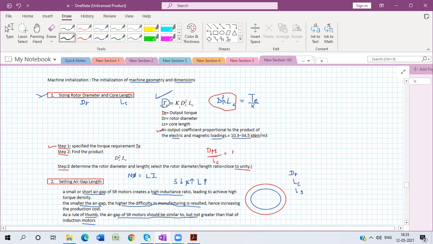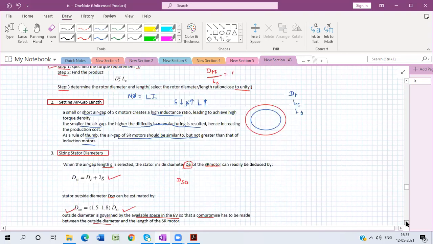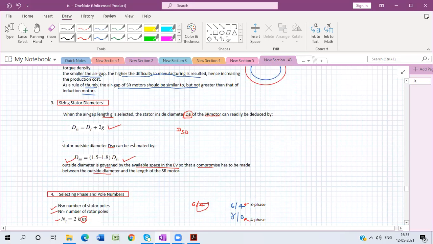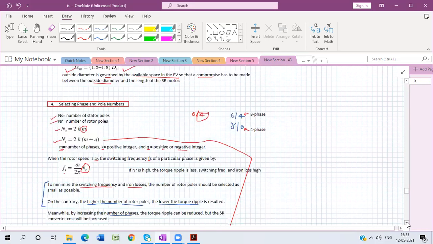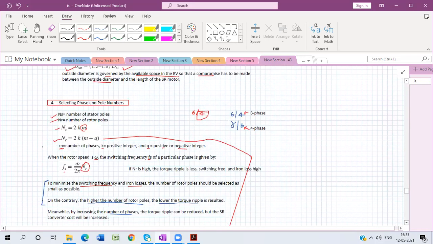You have to know what the torque is proportional to, how you can find the core length and the rotor diameter, how you can decide the air gap, and what the basic criteria are to select the size of the stator diameter. How many poles can you select for stator and rotor? These equations are important to calculate the stator poles and rotor poles.